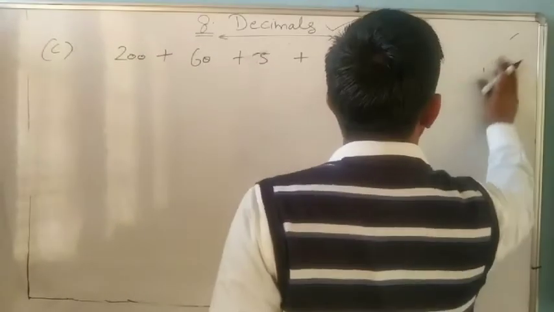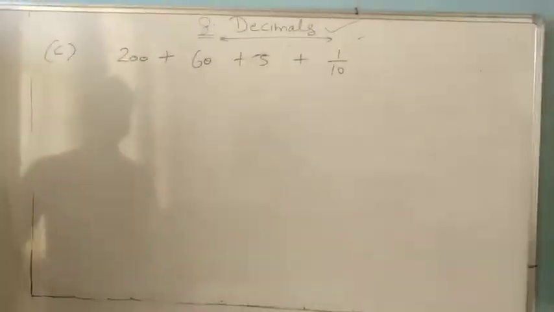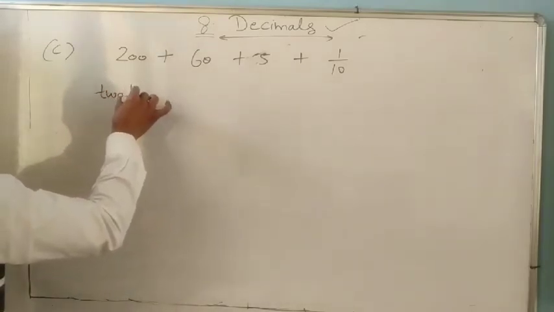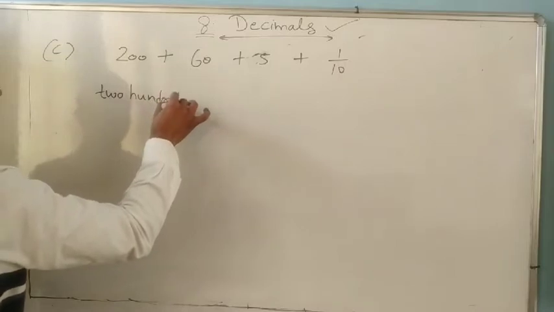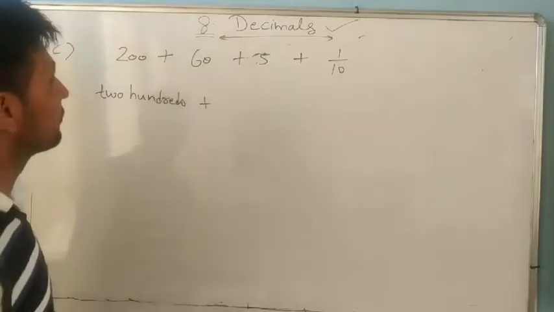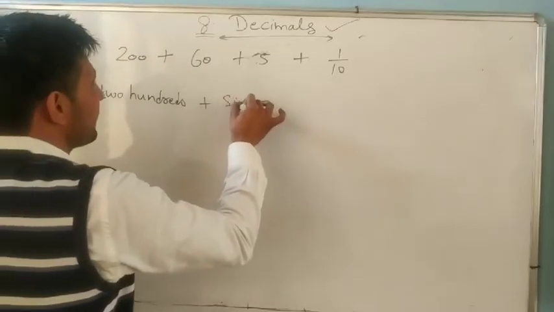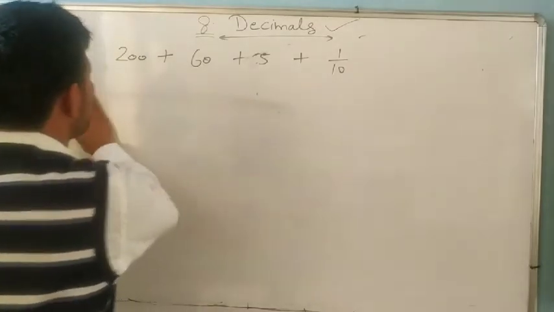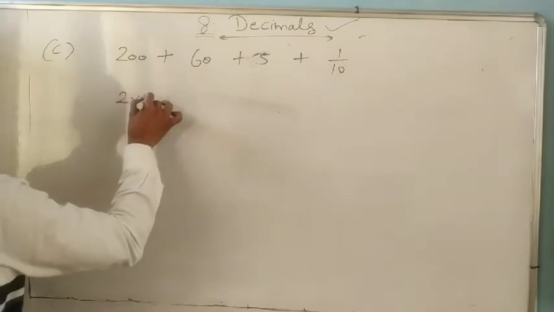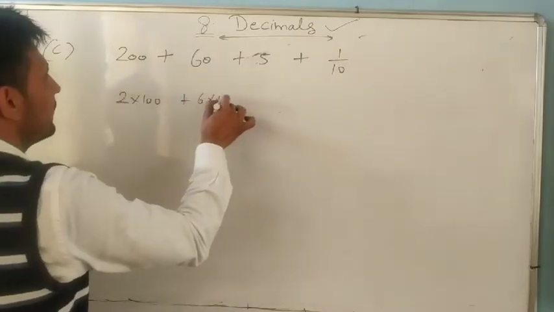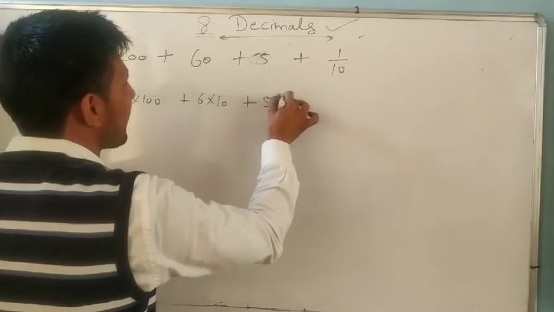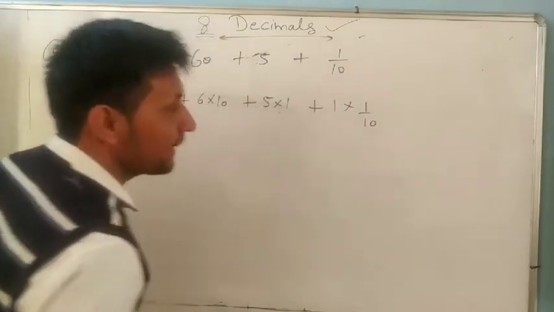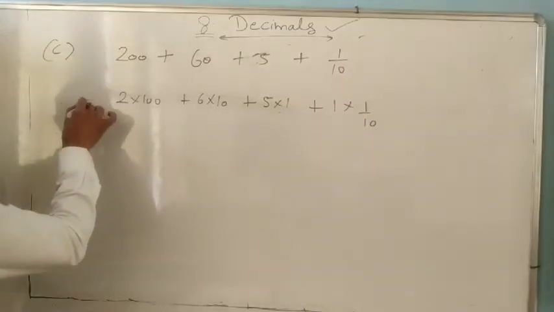Okay, so what will we do? 200 means 2 into 100. 60 means 6 tens, 6 into 10. So 2 into 100 plus 6 into 10, plus 5 into 1, plus 1 into 1 by 10. Okay, so we will write.